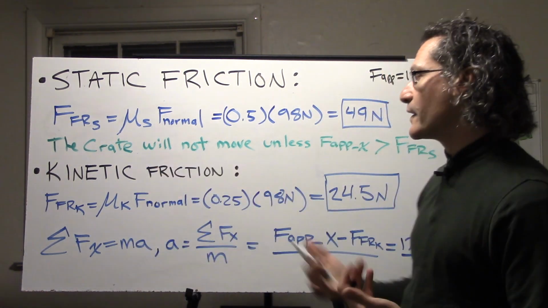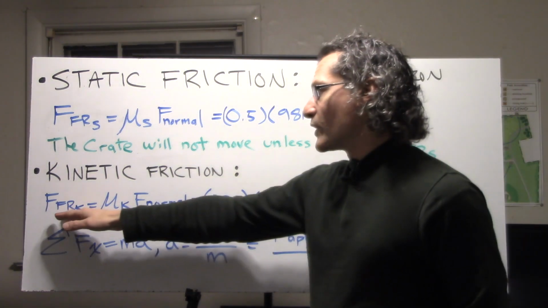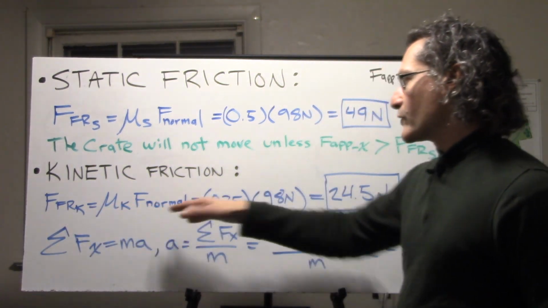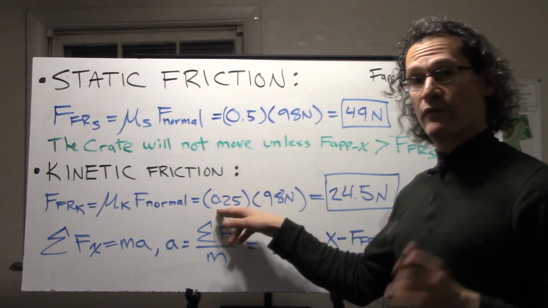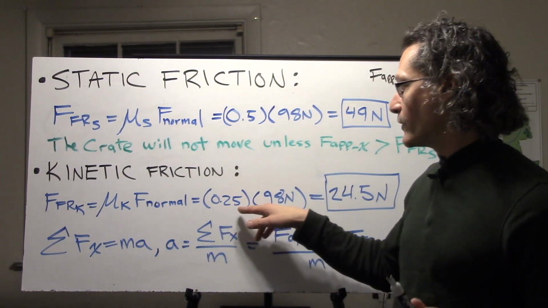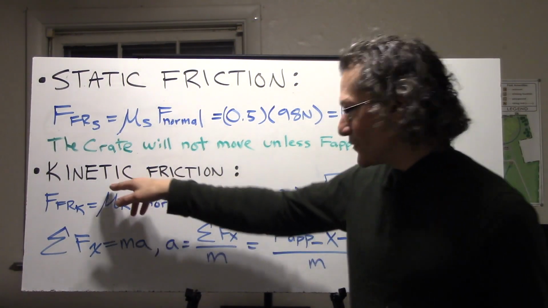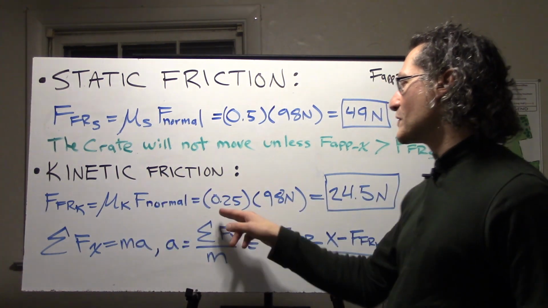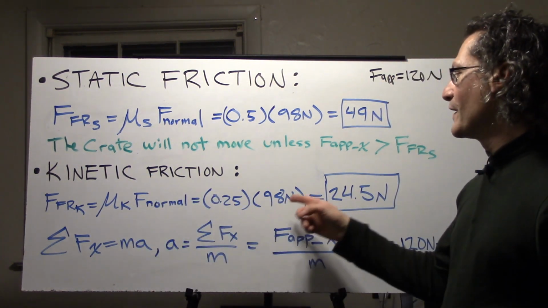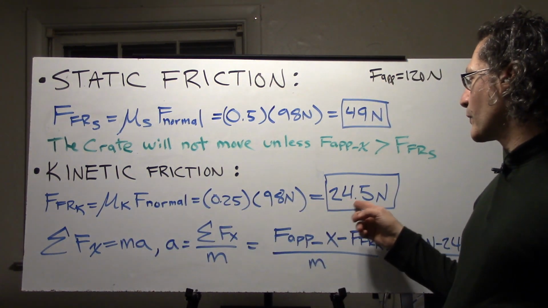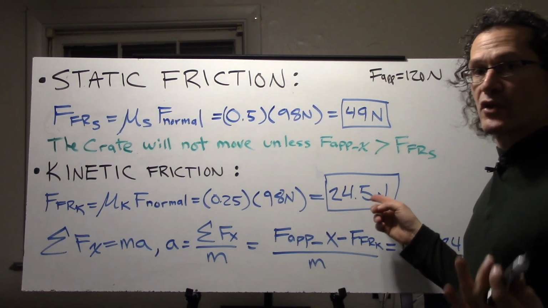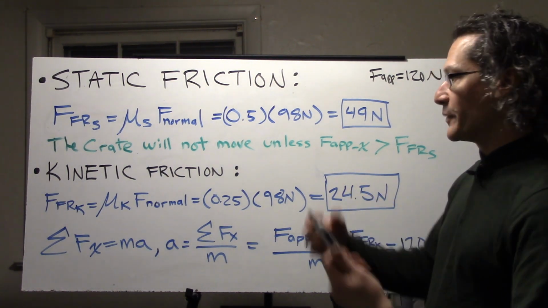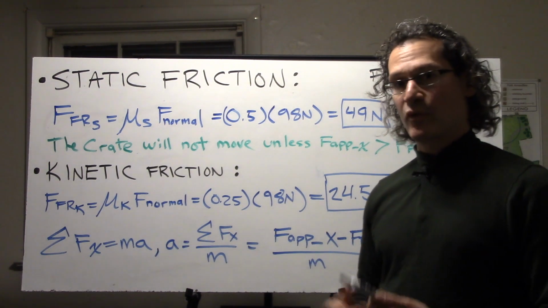All right, so now we're looking at kinetic friction. Force friction kinetic is equal to mu kinetic times force normal. The mu for kinetic friction, the coefficient of kinetic friction, is 0.25 times 98 newtons, we get 24.5 newtons. So that's the force that will be resisting while it's pulling in the kinetic range.